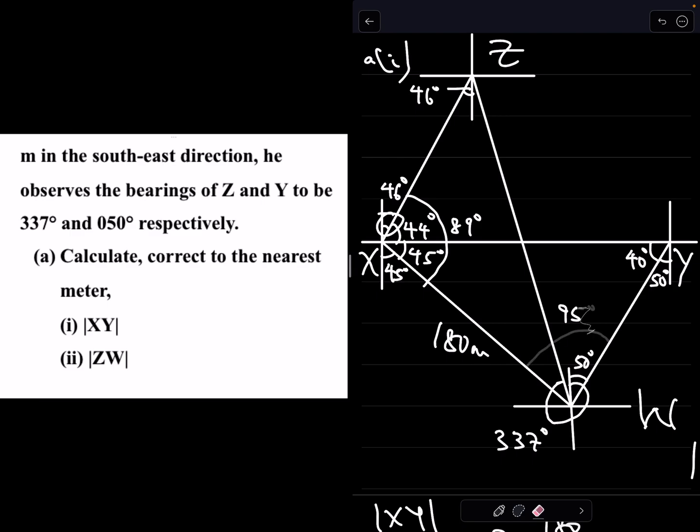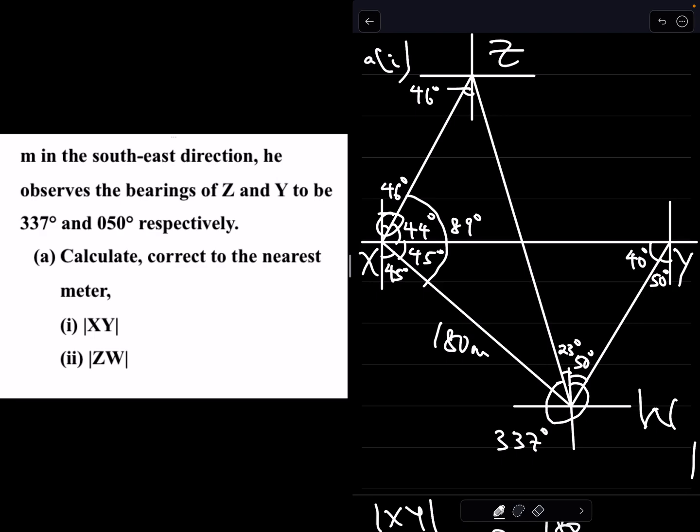If the bearing of Z from W is 337 degrees, that means the whole of this angle is 337 degrees, which simply means this small angle will be 360 minus 337, and that's 23 degrees.